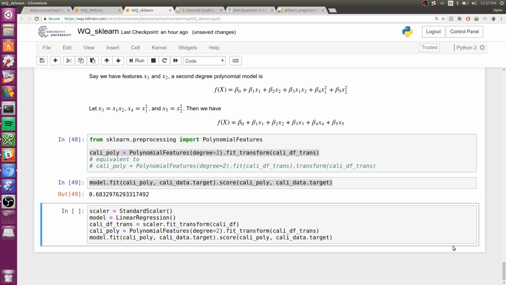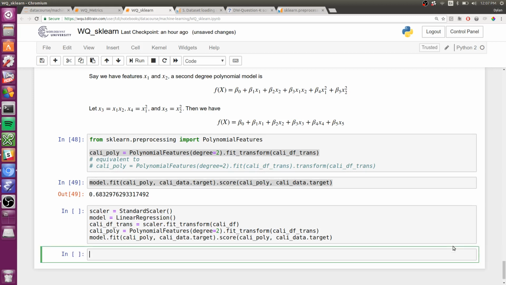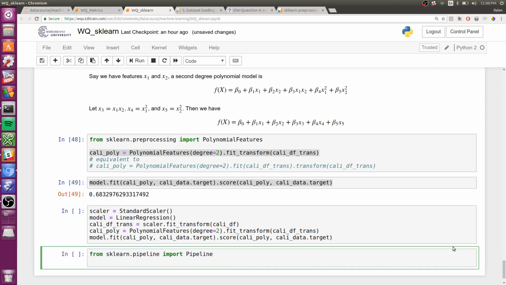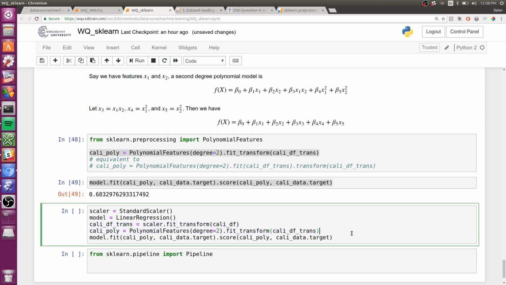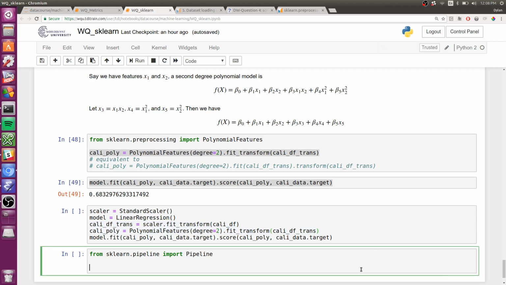So the next thing I want to introduce is an object called pipelines, which can package up these linear, or serial, steps that take me from raw data to predictions at the end.